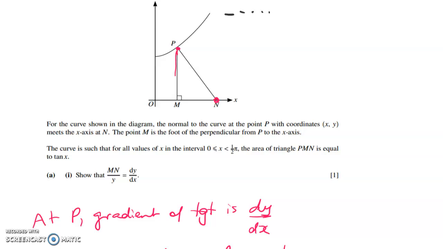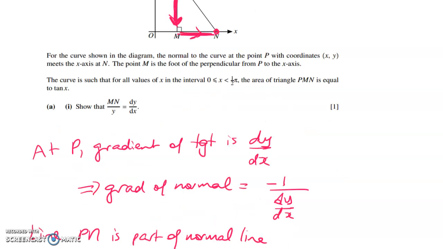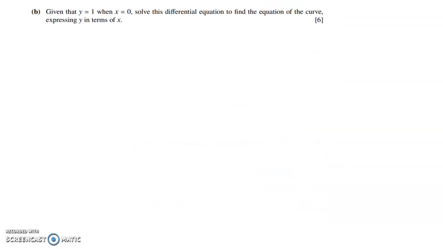Well, that gradient is change in y, which is going down, over change in x, right? So we can write it out as the rise over the run, or better, change in y over change in x is equal to -y over MN.